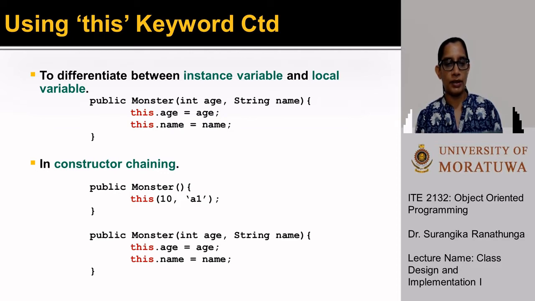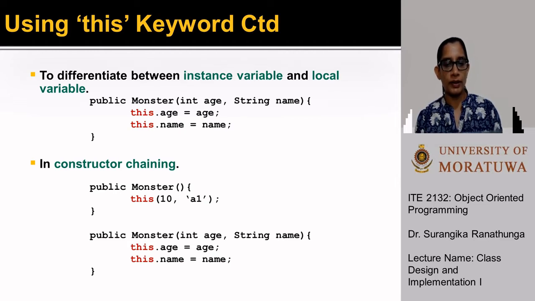Some constructors take no parameters, some take parameters corresponding to all the attributes or to some of the attributes. In certain cases, for example, if you look here, the first constructor that does not take any parameter, when it is called, it will set the object's age and name values to a set of default values.